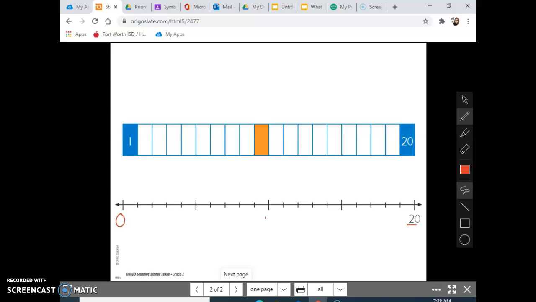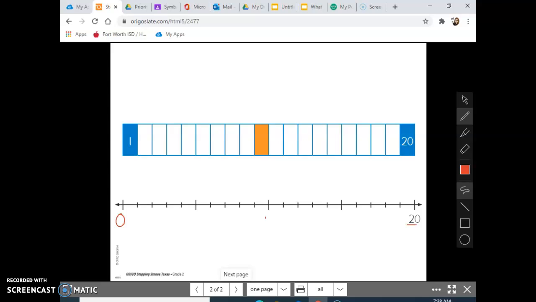What you also see here is that I have lines of different lengths. So we're going to fill in our number line, and then we're going to see why those lines are in different lengths. If I count just like I did in my number step, each line would be a number.